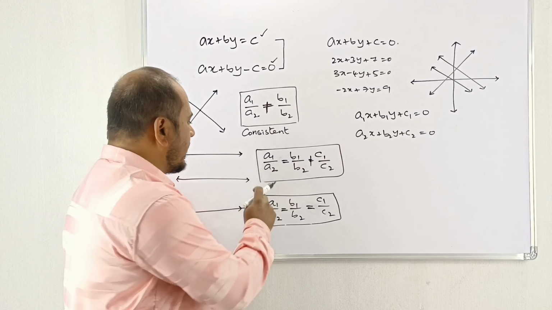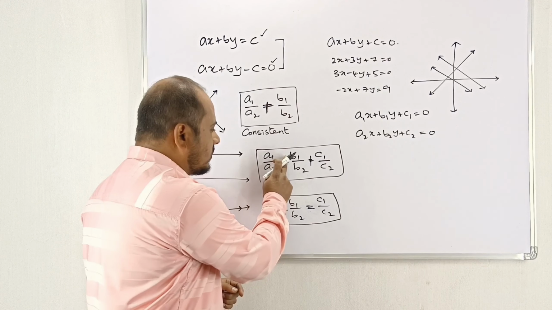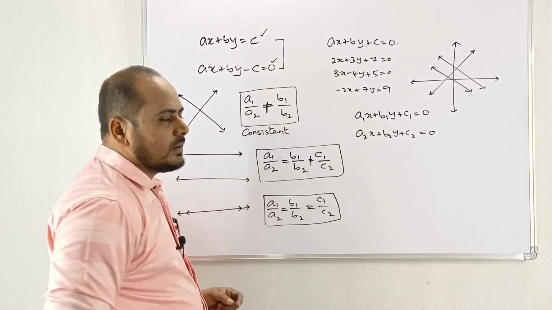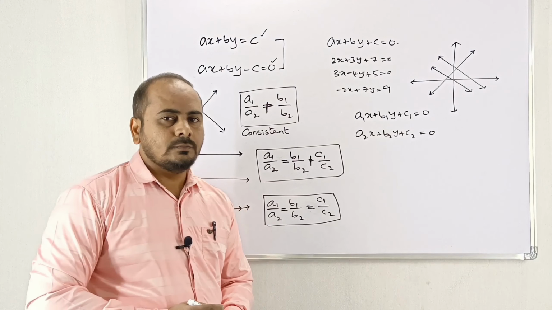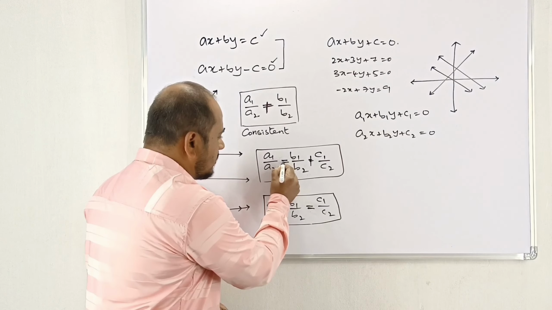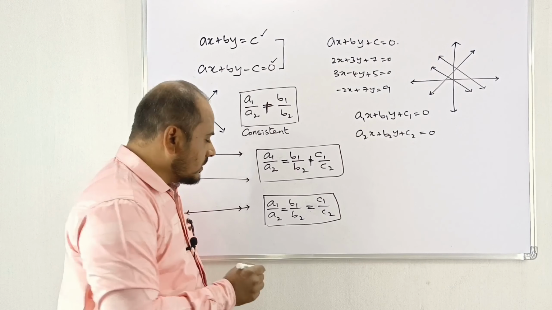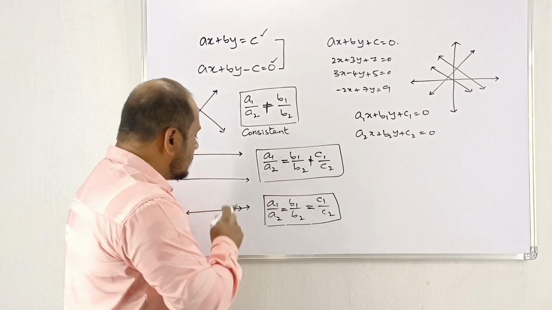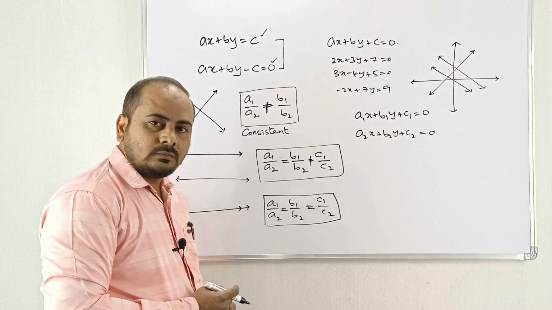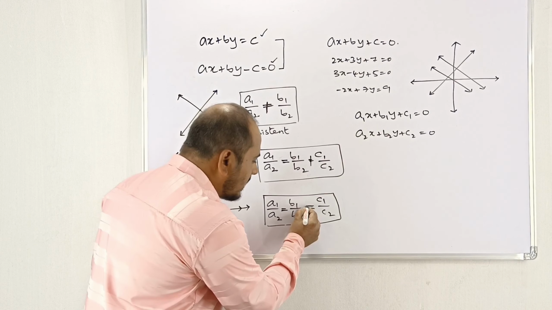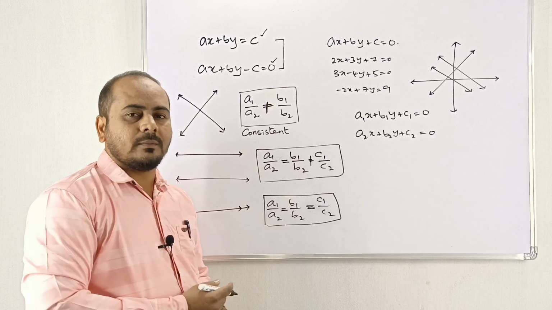So whenever you get a1 by a2 equal to b1 by b2, the lines will be parallel. Equal, as I told you, equal, equal. So you may have the doubt, here also equal is there, so why can't it be parallel? But observe that here also these are equal, my dear.